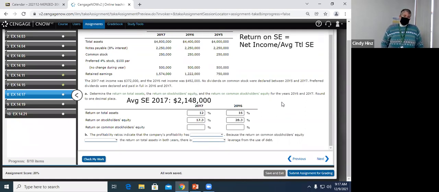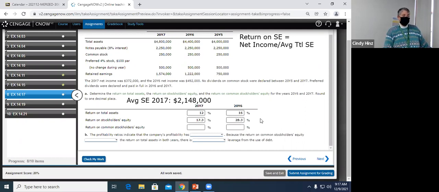The important part is that you know what the numbers mean, so that you can say, is a higher number better, or is a lower number better? It depends on what the calculation is. For this exercise, return on stockholders' equity for these 2 years, a higher number is better.